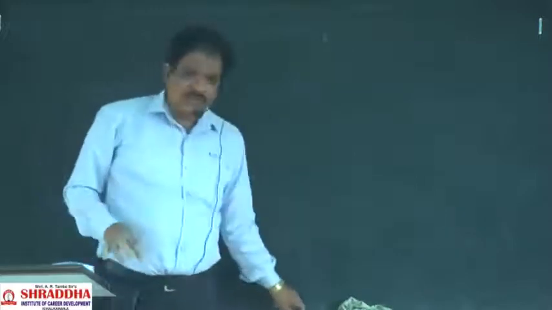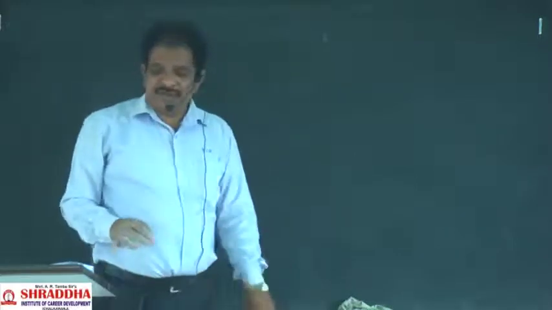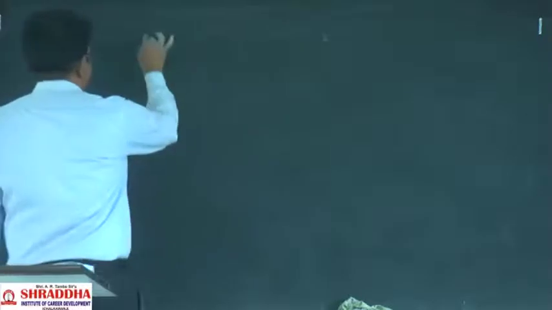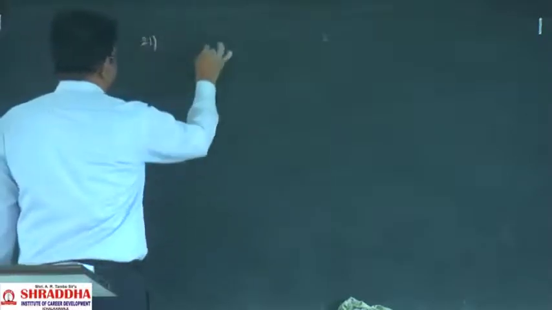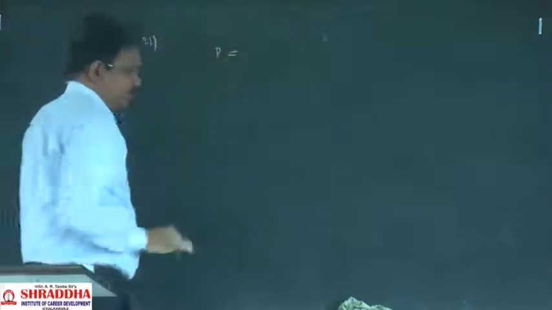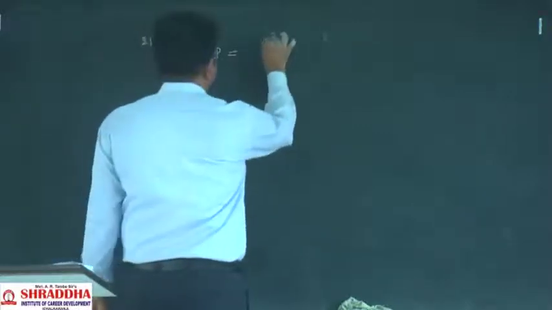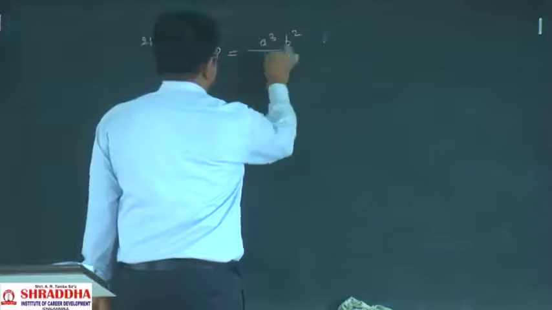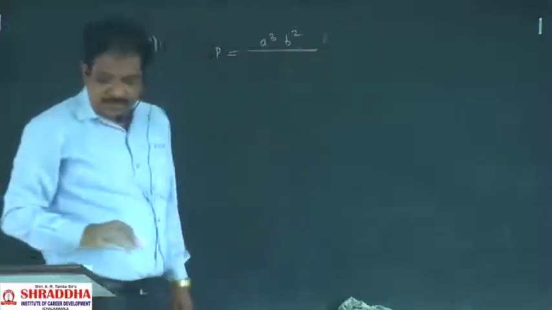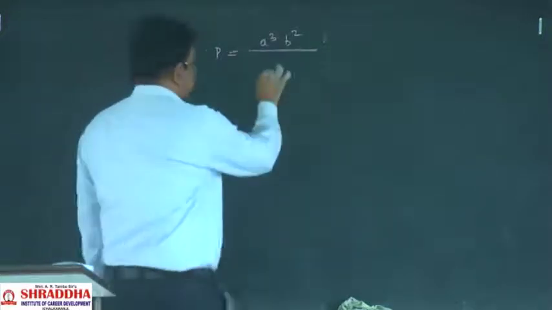Individual measurement errors they gave. What is the total error they are asking? What is the question? P is equal to A cube B square by CD.